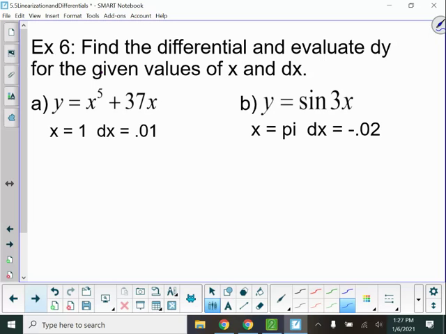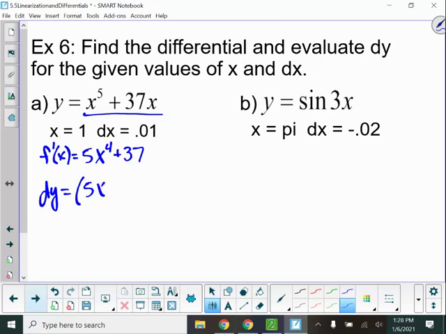So to find the differential, you do have to take the derivative of your y formula. So the derivative, and I'm going to call that my f prime of x, is going to be equal to 5x to the 4th plus 37 for this particular example. So my dy is 5x to the 4th plus 37, and then dx.